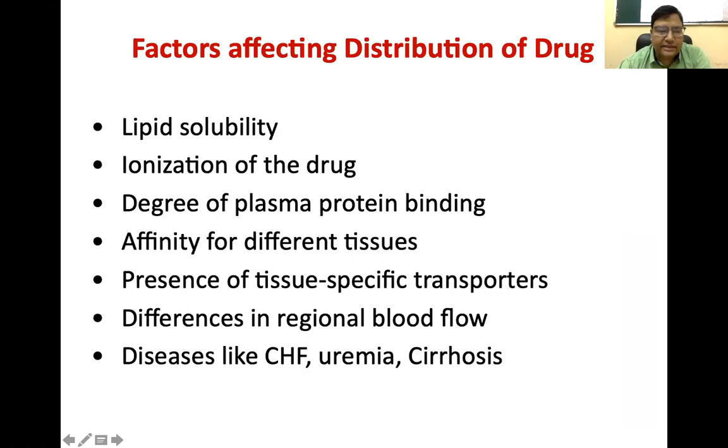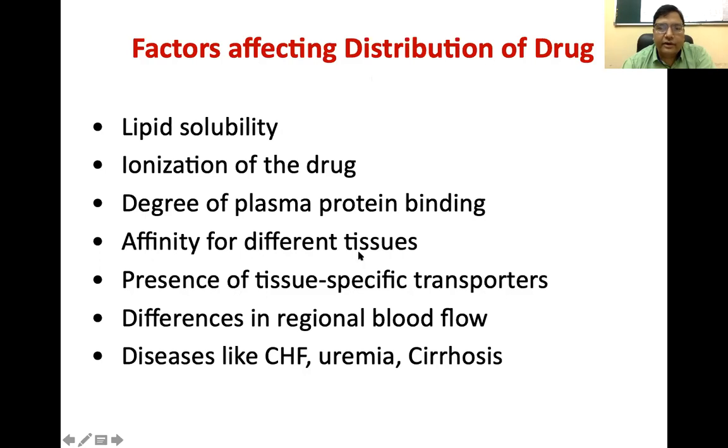So the next is, what are the different factors which are going to affect the distribution of a drug. One, I have told, lipid solubility: more lipid soluble drugs are more distributed. Ionization: less ionized drugs are more distributed. Degree of plasma protein binding: less plasma protein bound drugs are more distributed.